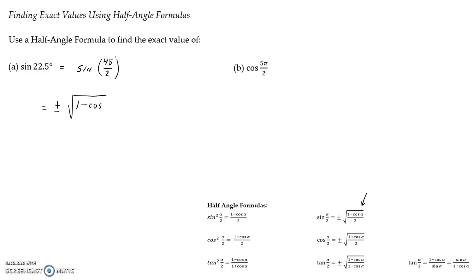Now we need cosine of A. Keep in mind your A value is what comes from the top portion of your fraction, the number that you were dividing by 2, which for us is that 45. So our A value here is cosine of 45, and then we divide this by 2.